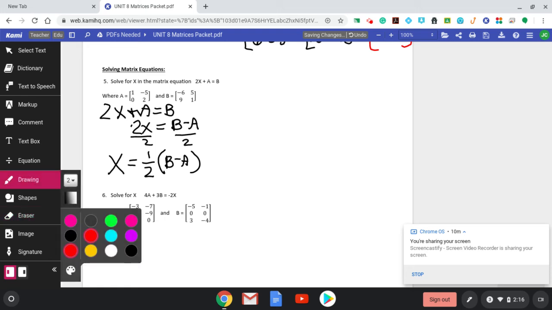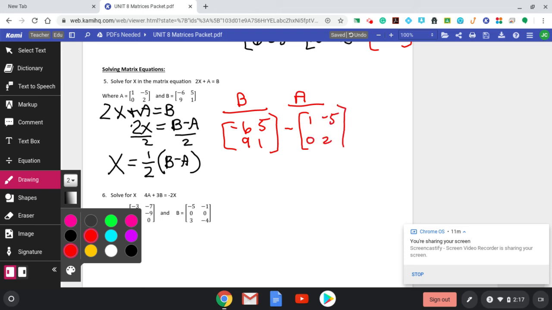So let's do B. I always just like to label them here. -6, 5, 9, 1 minus A. Watch out for the double negatives. 1, 0, -5, and 2. Okay, here you go. So I'm going to have -7, 10, because that becomes a +5, 9, and -1.